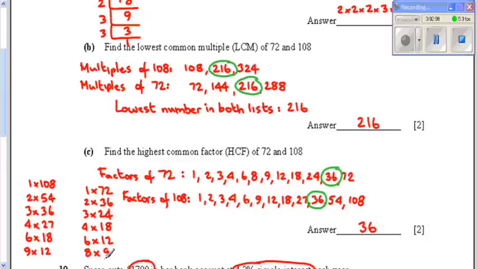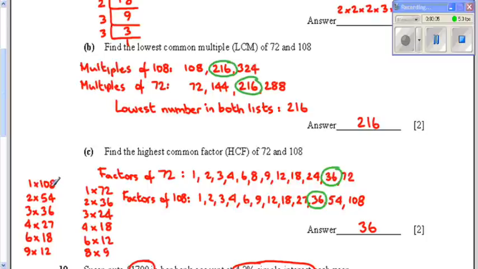The next one would be 9 times 8, but that's a repeat of 8 times 9. So there's all our factors written out in order, 1, 2, 3, 4, 6, 8, and so on, all the way up to 72. Do the same for 108.